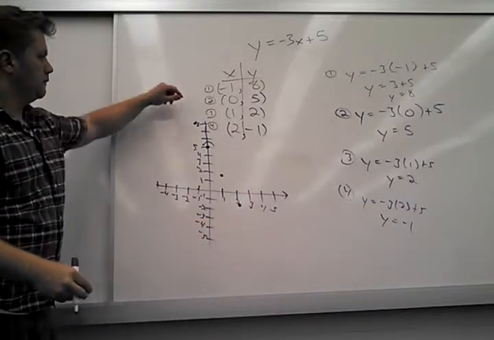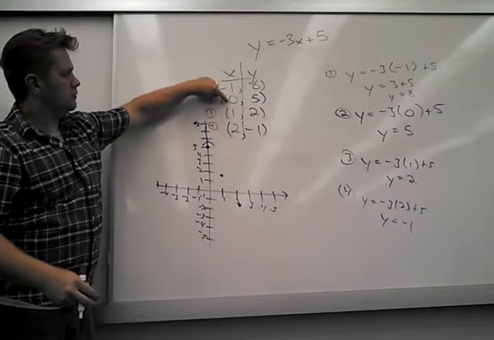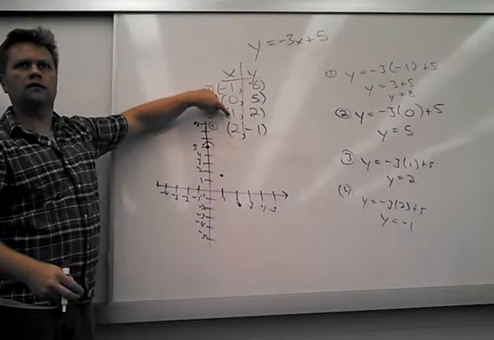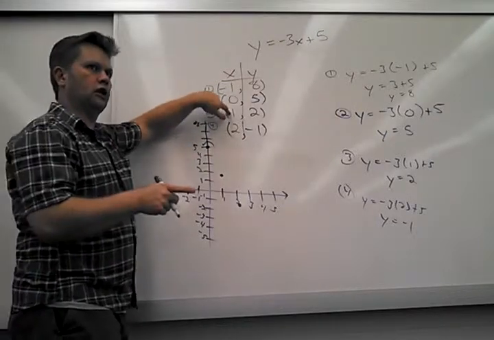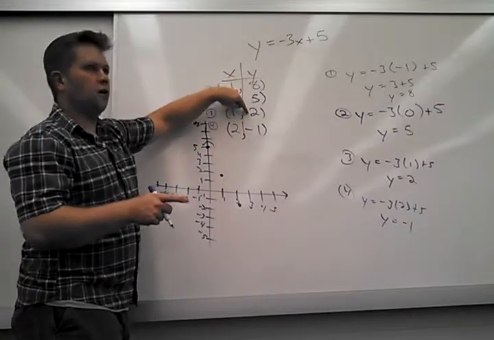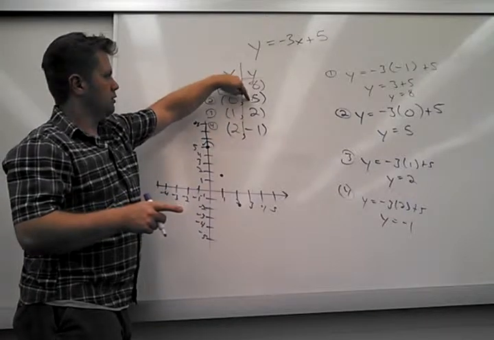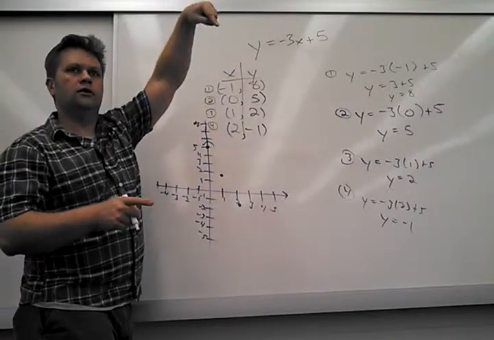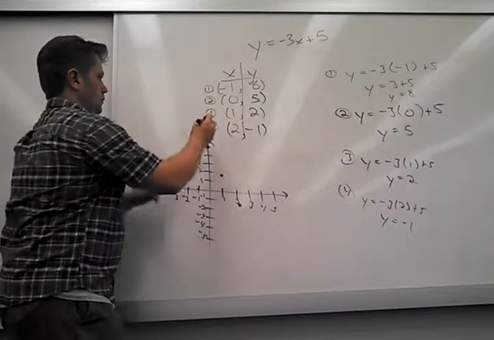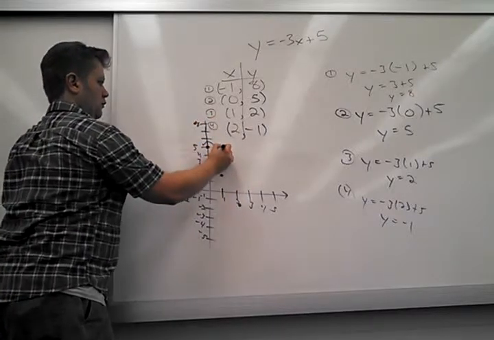Now notice something. Every time I take one step in the x direction, how much do I have to go in the y direction? How much do I go from 5 to 2? I go down 3. Over 1, down 3. Over 1, down 3.